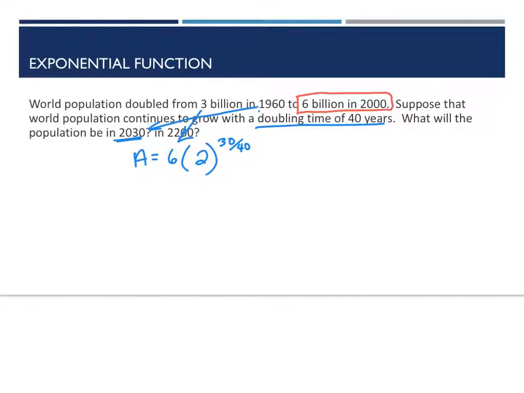It's just I could do the 2000 in my head. So on my calculator again, I want to make sure that if my exponent is a fraction, I put it in parentheses. And this gives me 10.1, which is billions of people.